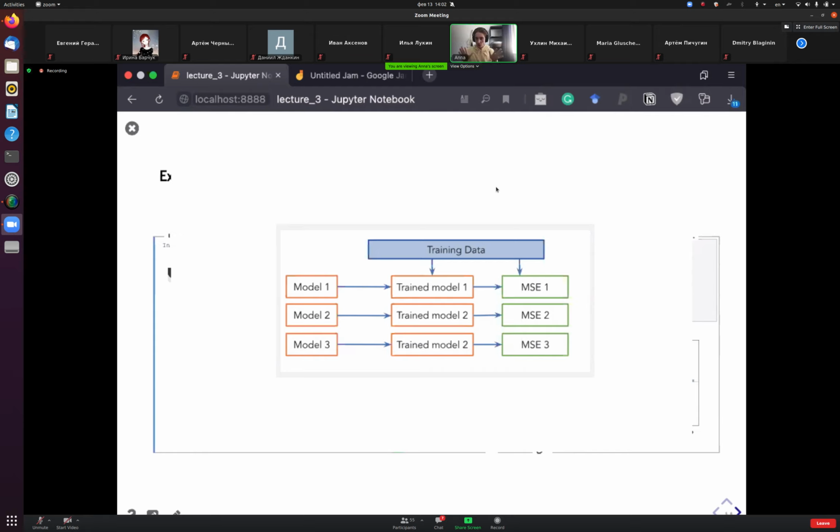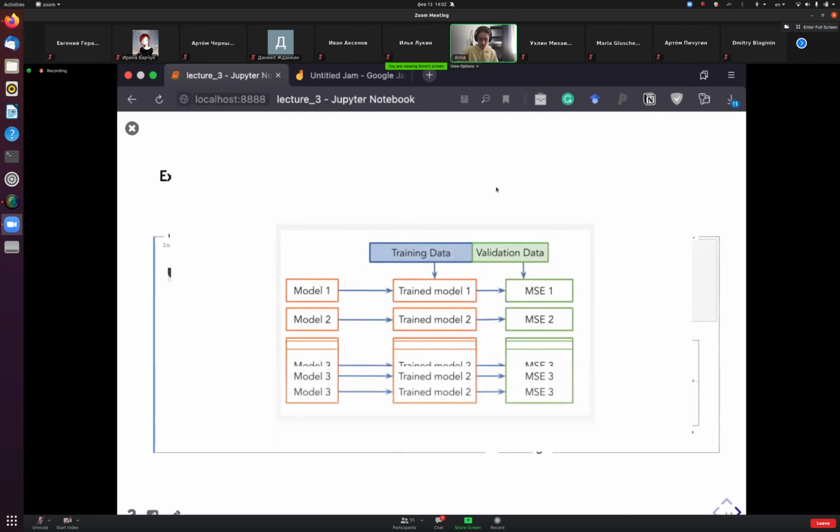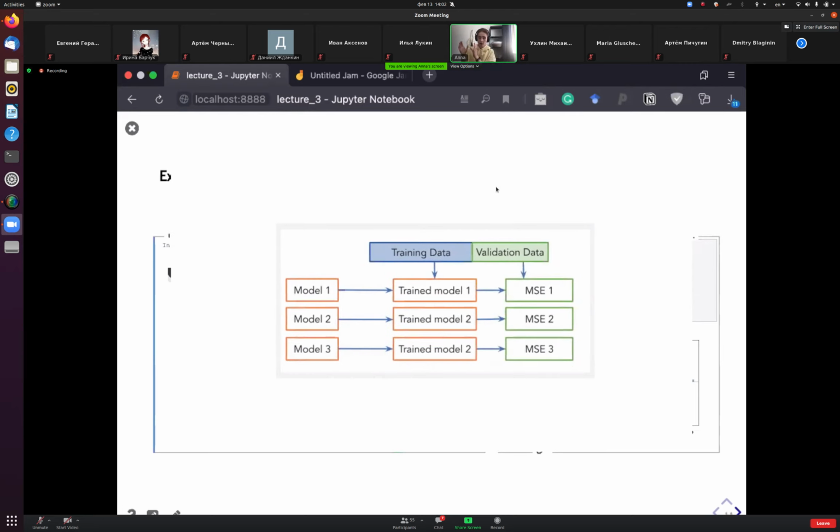We know that the wrong way to do it would be to train the model, compute error on trained data, and compare these errors on the trained data. It's a bad way because if the model overfits, it will have super small error on the trained data, but it doesn't mean that the model is good. Instead, we take part of the training data set and call it validation. We will not use it during training.